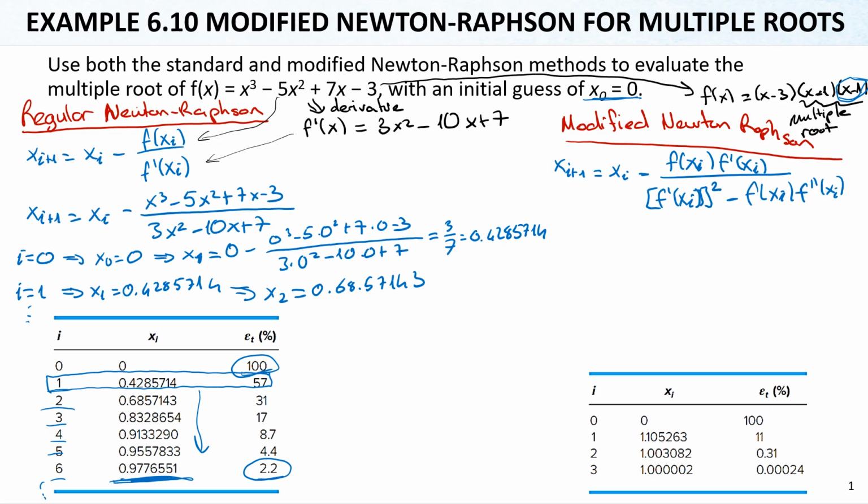Now we have the second derivative. We need the second derivative as well. That's why let me write here the second derivative too, and it is 6x minus 10.